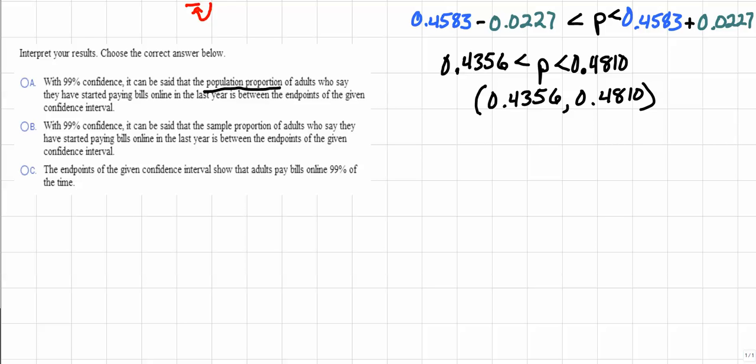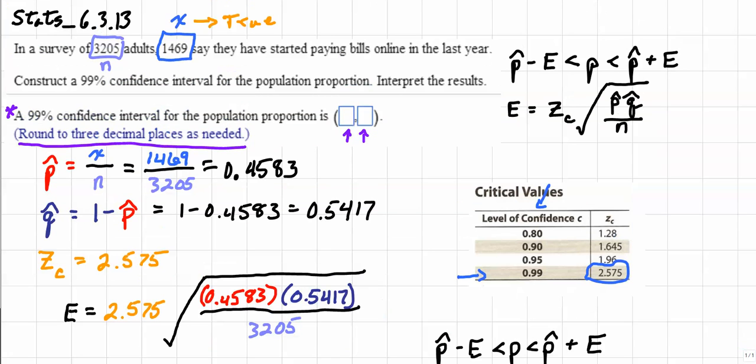If we scroll back up and look at the original problem, it says to construct a 99% confidence interval for the population proportion and then interpret the results.